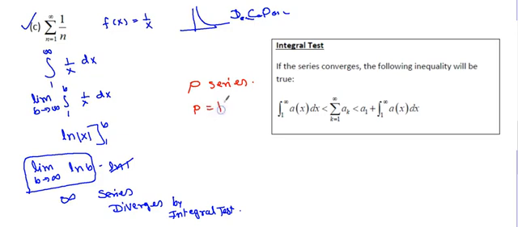P equal to 1 always diverges. In Unit 6b, improper integrals, we talked about if P is 1, it diverges. And let's talk about the P series on the next page.